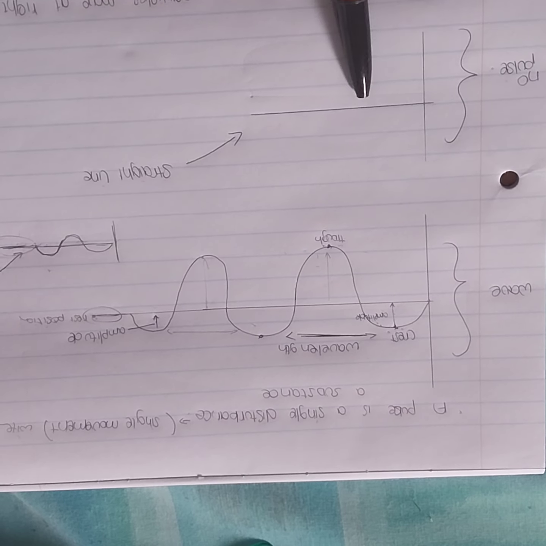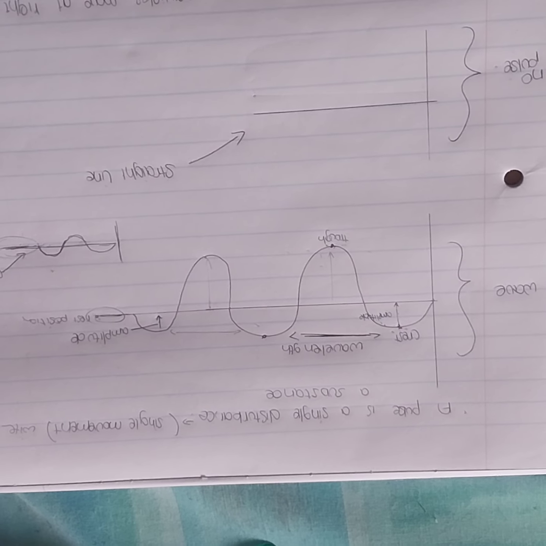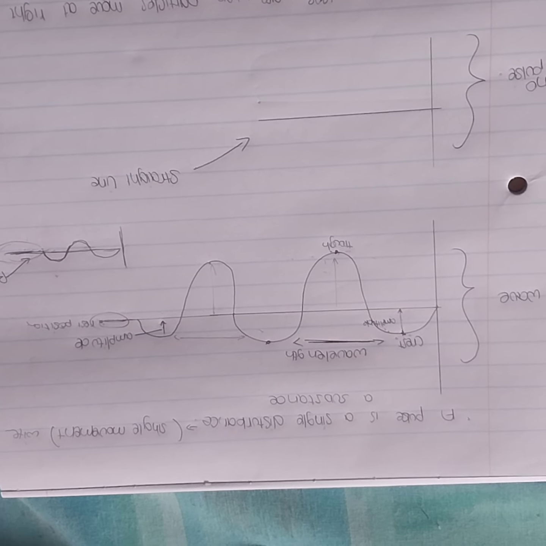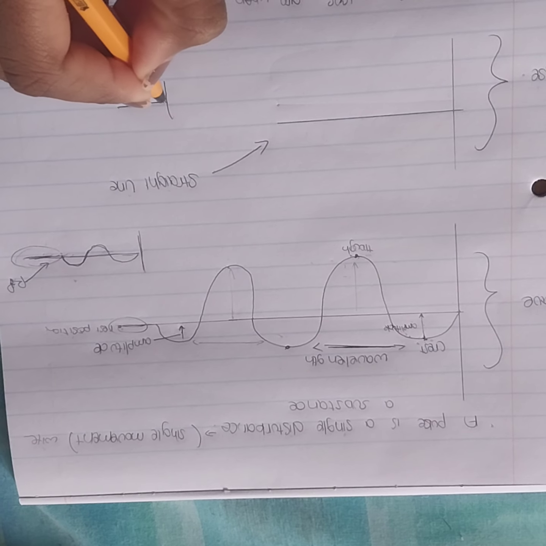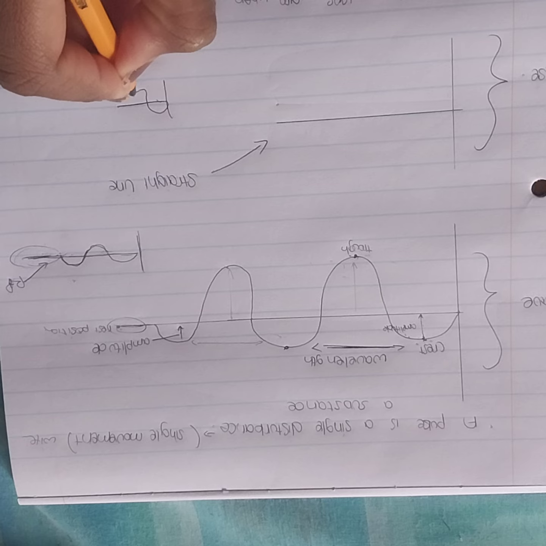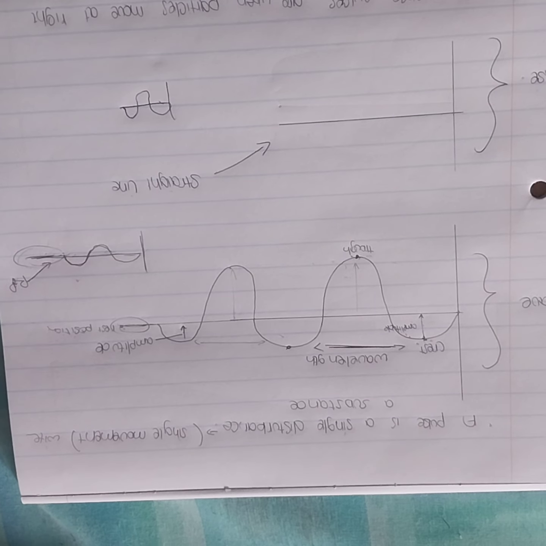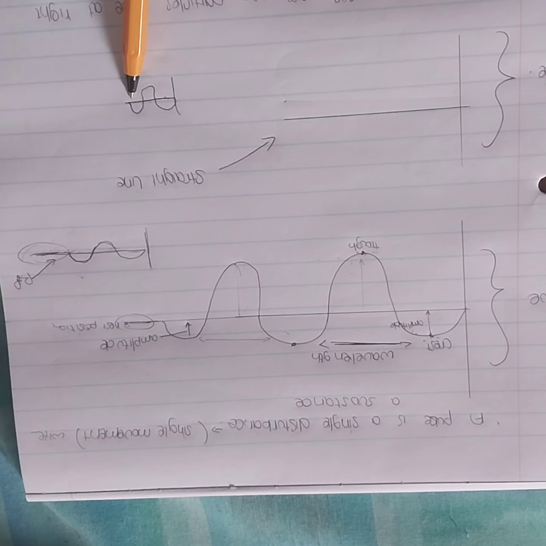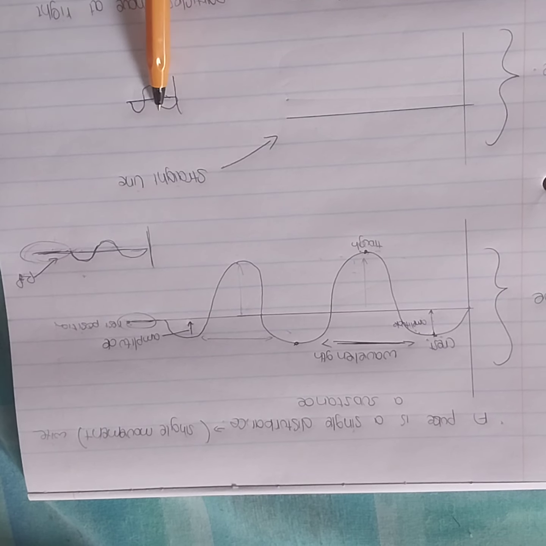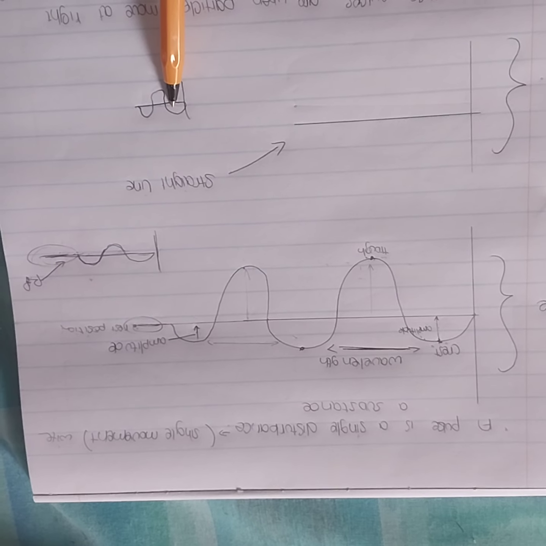If you see a straight line, it means there is no disturbance. But if I draw something like this, it's a pulse, of course, and what is causing that pulse is a disturbance.